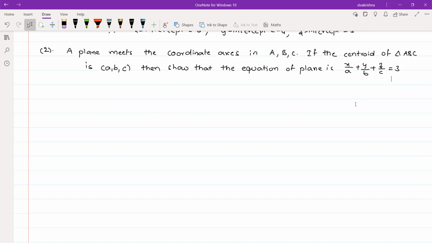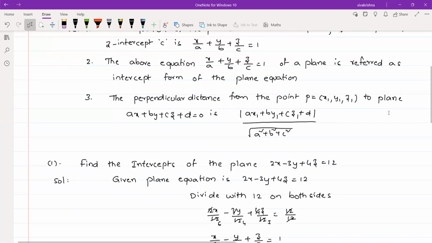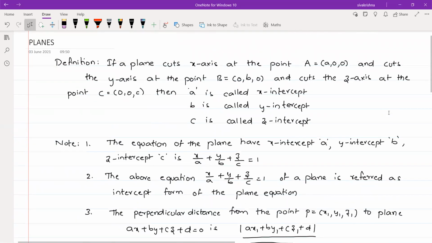So the plane meets the x-axis at the point capital A, the y-axis at the point capital B, and the z-axis at the point capital C. Then from the definition we can write the point A as (a,0,0), the point B as (0,b,0), and the point C as (0,0,c). Here small a, small b, small c are arbitrary, so we can write any points in place of a, b, c.